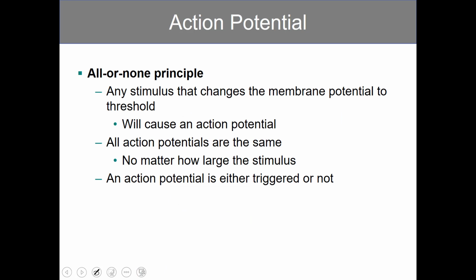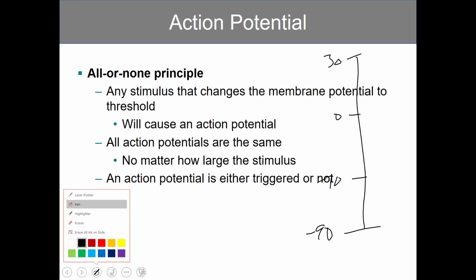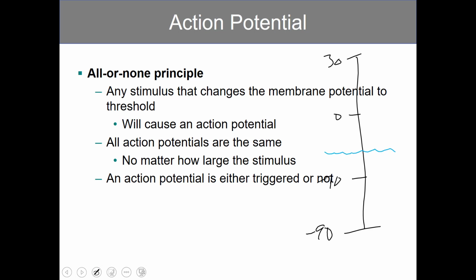Action potentials exhibit an all or none principle. Any stimulus that is strong enough to create a graded potential that reaches threshold, then you get an action potential. And all action potentials are the same, no matter how large that stimulus is. So for example, if we look at our scale again, negative 90, negative 70, 0, and positive 30, we know that that threshold sits at somewhere right around here, negative 60 to negative 55.